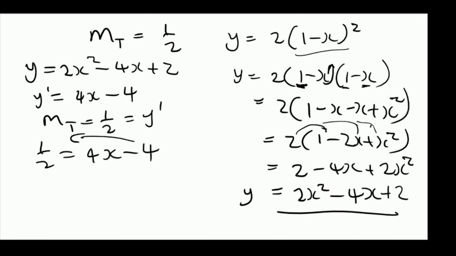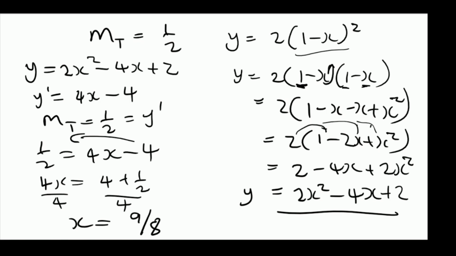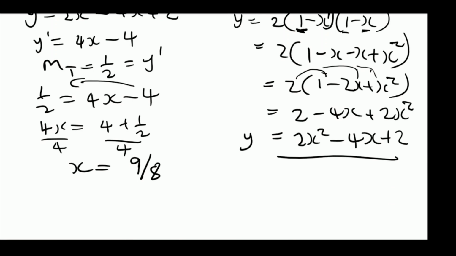Transpose the 4 to the other side. We have 4x equals 4 plus 1 over 2. And then we divide by 4, so our x value is equal to 9 over 8. So this is the x value. Then you're going to substitute this x value into your equation to find the y value.